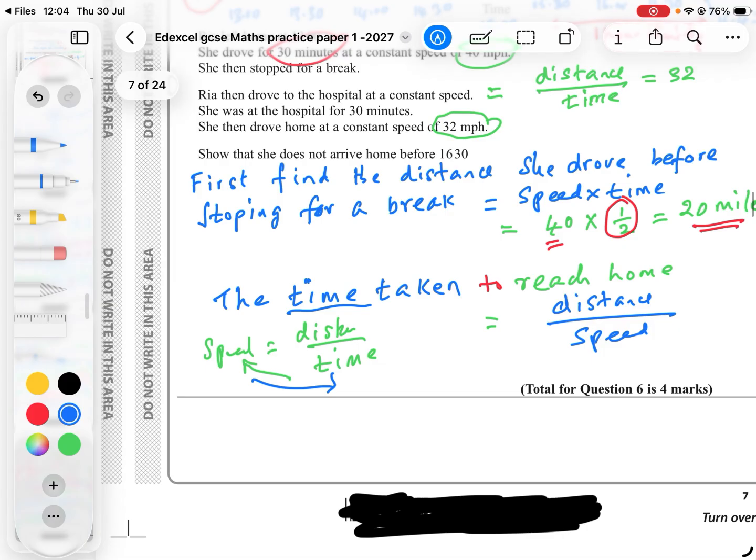Even I can explain it like this. This is a triangle. This one always we can put speed equals distance divided by time. This one means dividing. So that means time equals distance divided by S, which means speed.